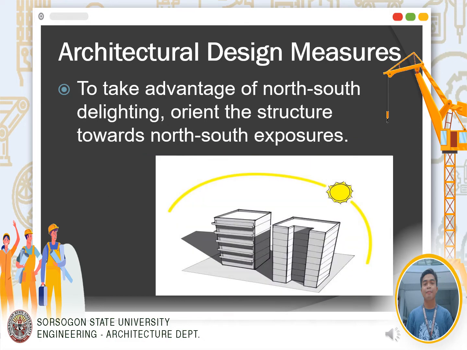We also have to take advantage of north-south daylighting, orienting the structure towards north-south exposure. Under this, we have two light exposures, namely southern lighting and northern lighting. Southern lighting provides warm and bright light throughout the day and generally feels sunny and comfortable.